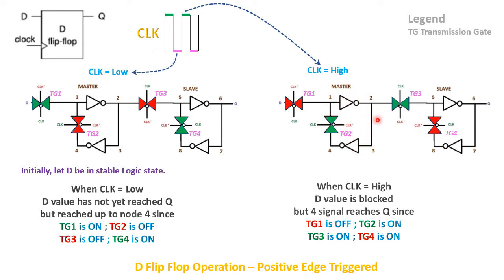Besides that, it will also move in the forward direction and hence reach up to Q. However, since this transmission gate is now off, whatever was at 6 will reach only up to 8 and will not reach 5. So effectively the data at 2 has now reached Q. That means it needs one full clock cycle for the data to move from the input all the way to the output of the flip-flop.